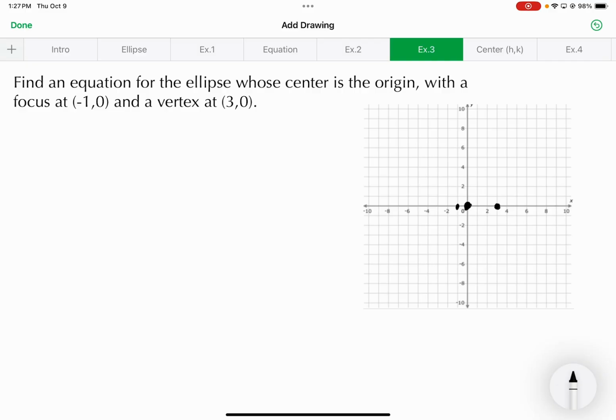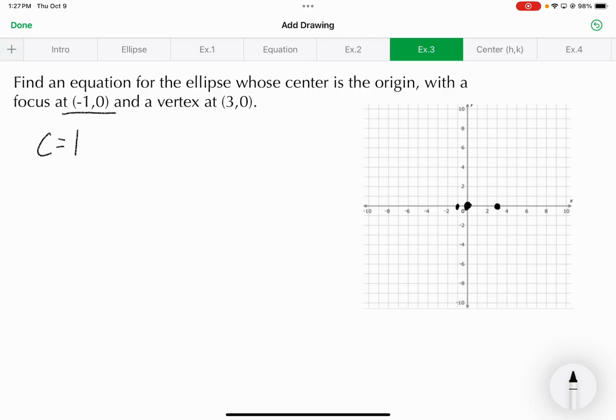I agree with half of that. C and A. Well, okay, first of all, what's C going to be? C is going to be 1, right? I can tell that because my foci is at 1, 0. So I know that C is going to equal 1. And then figuring out our next letter depends upon a couple of things.